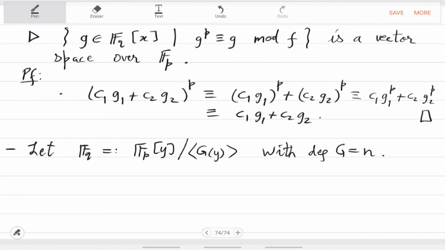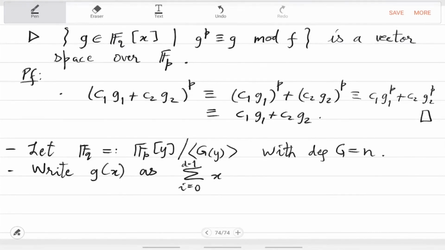So let us think of little g as bivariates. I goes from 0 to d minus 1.